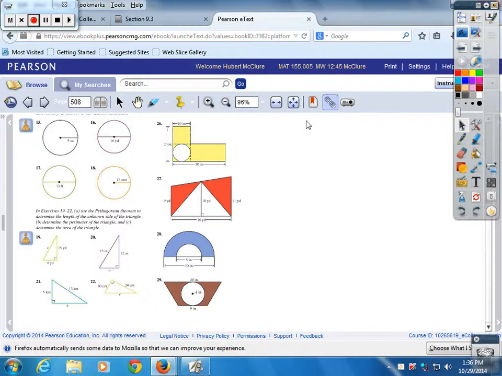All right. There's 4 problems right there. We're going to do all 4 of them. That way you'll have 4 to do in your homework. 9.3 is in the book, 19 through 22 right there.